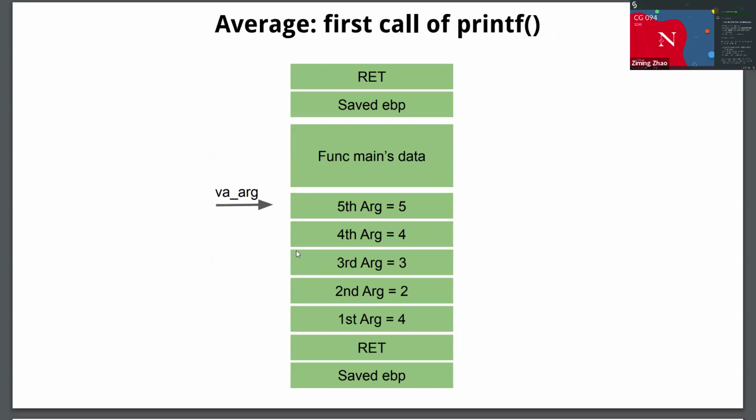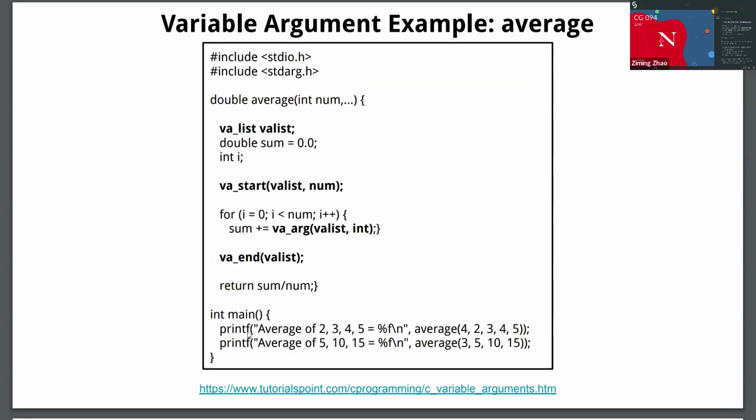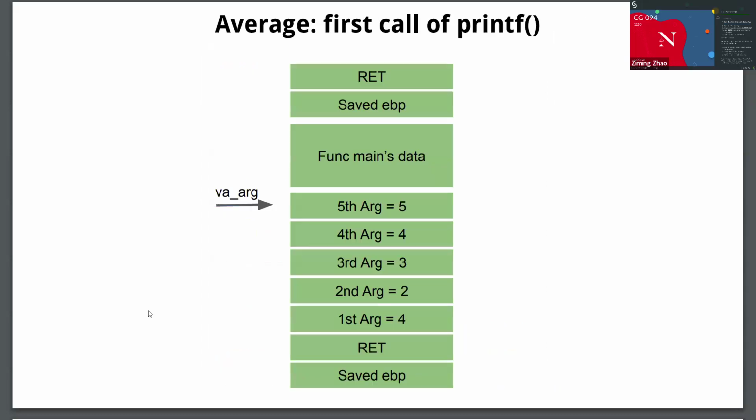So when the first time we call this function, the stack will look like this, the 32-bit version. Let's say this is in the main function, we call printf. Actually, we call average first, then we call printf, right? So in the main function, we have the return address, we have the saved EBP, we have main function's other data, if there is any.